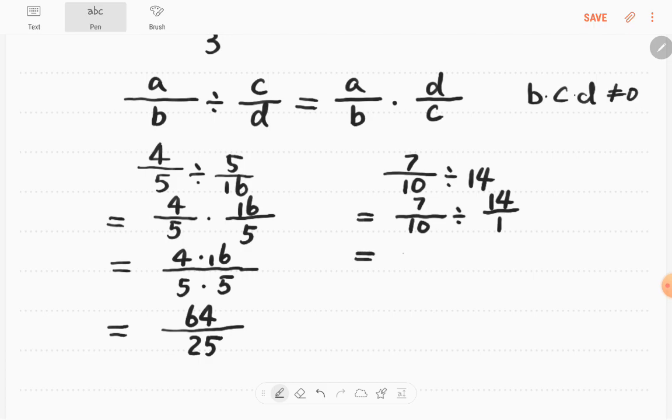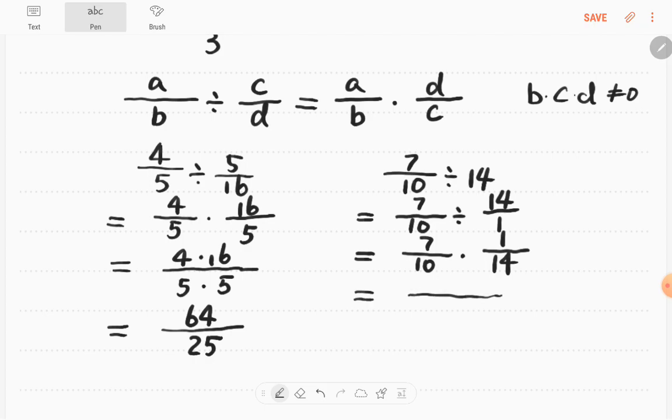Then you just do the same thing. Switch your division into a multiplication. So divided by 14 over 1 is just the same thing as times 1 over 14.